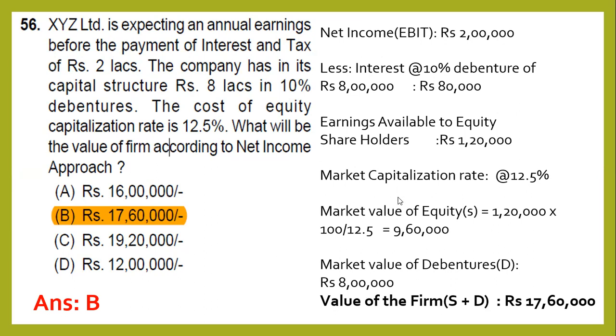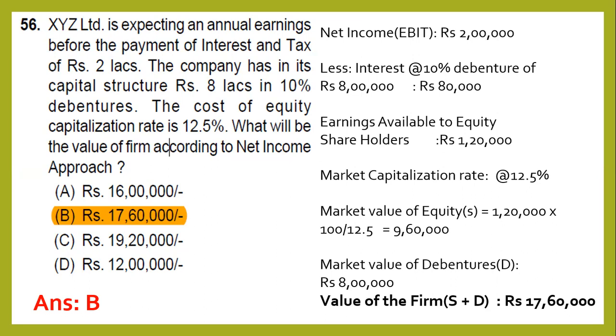Now the market capitalization rate is given here, 12.5%. So therefore 1 lakh 20,000 divided by 12.5% gives you a value of 9 lakh 60,000. So the market value of the equities is 9 lakh 60,000.